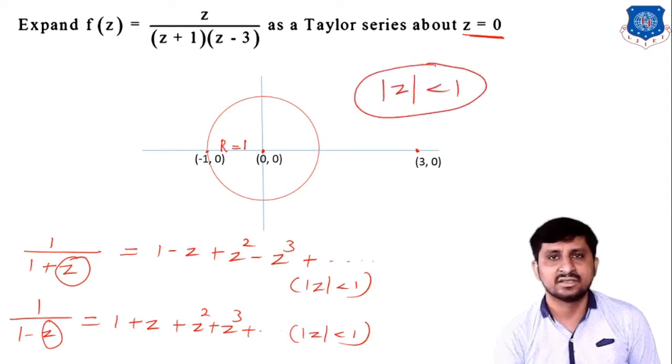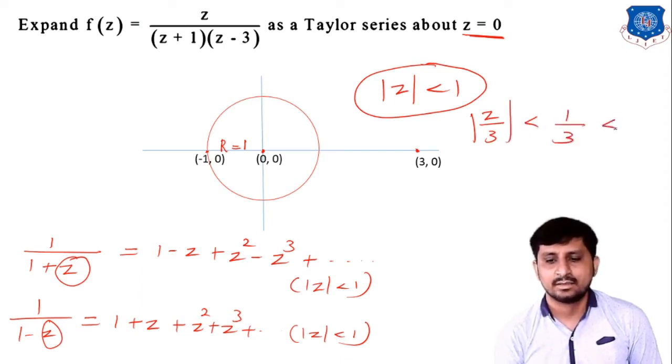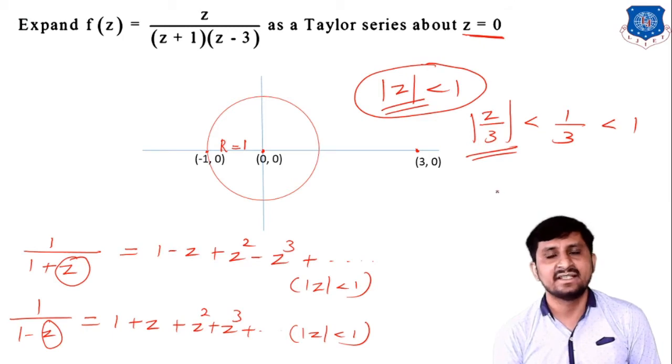Now mod z less than 1, so I can write mod z by 3 is less than 1 by 3, and that's why 1 by 3 is less than 1. So now I will use these two formulas, mod z less than 1 and mod z by 3 less than 1.